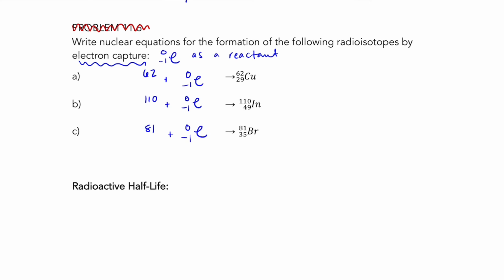Now we look at the atomic numbers. So what minus 1 equals 29? 30 minus 1 equals 29. 50 minus 1 equals 49. And 36 minus 1 equals 35. So again, I'm going to take these atomic numbers and go back to the periodic table, because atomic number tells you what the element identity is.